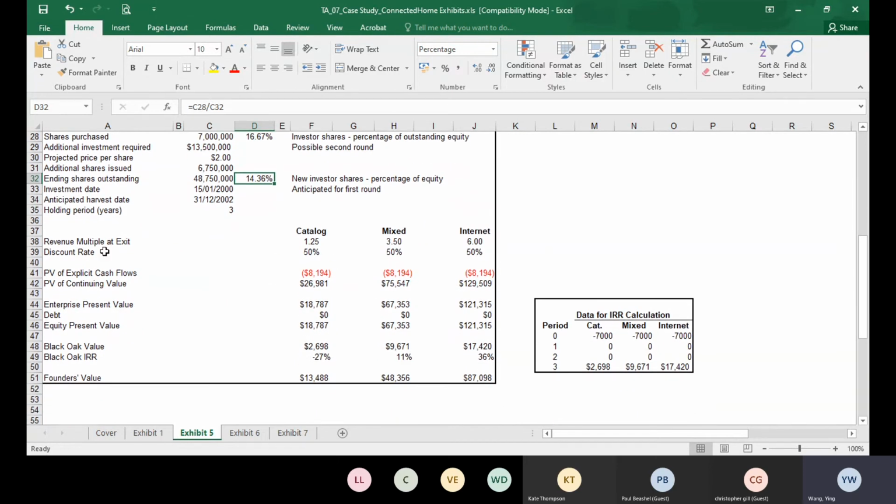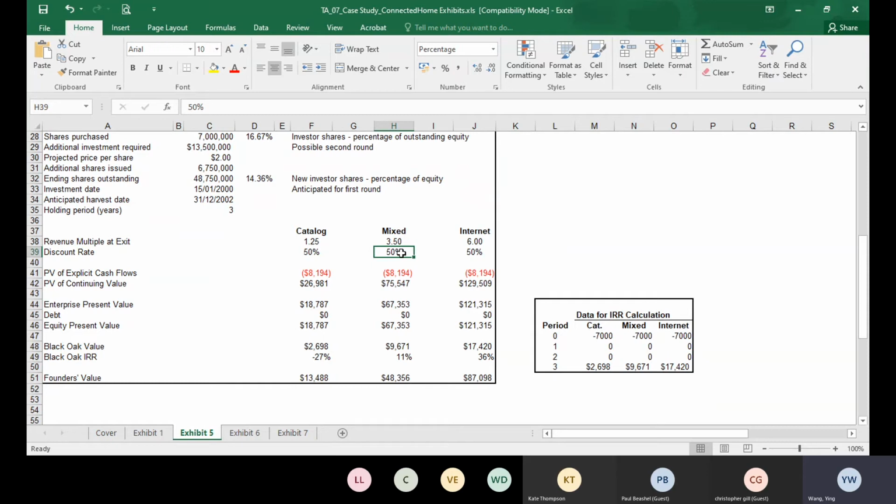So now they do the revenue multiple, remember, it is 3.5 for the mixed successful. Catalog is 1.25 if it is the mail business alone. If it is internet, it is here. So they apply the multiple and they use a 50% discount rate. You can tell it is extremely high, of course.